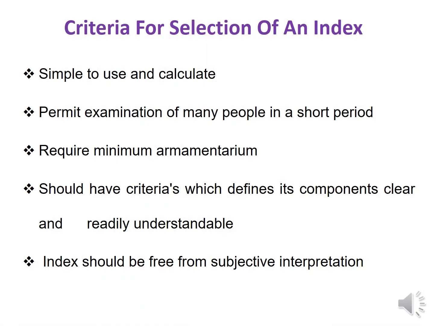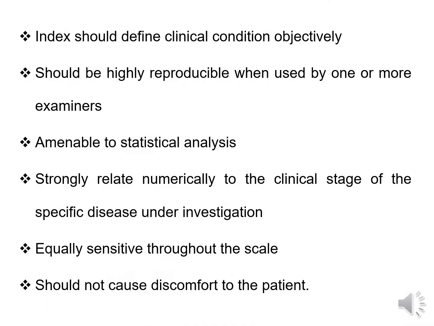As for criteria for selection of an index, it must be simple to use and calculate. It permits examination of many people in a short period. It requires minimum armamentarium. It should have criteria which define its components, clear and readily understandable. The index should be free from subjective interpretation.